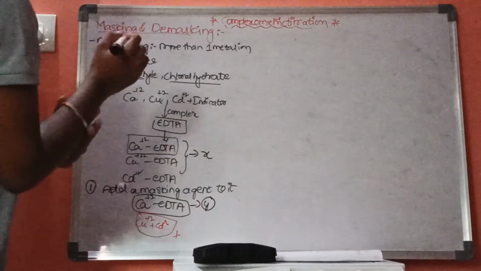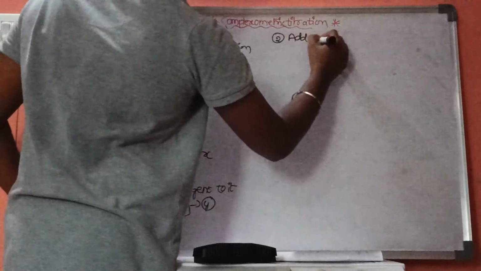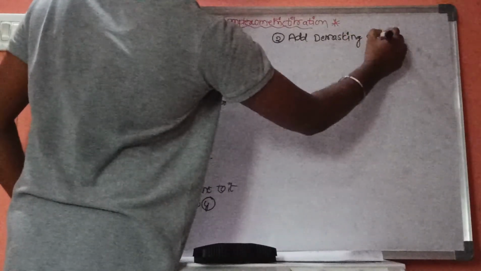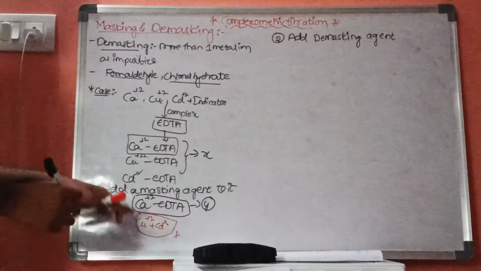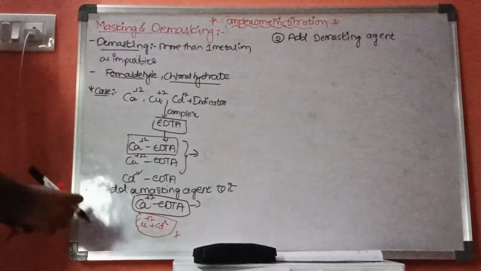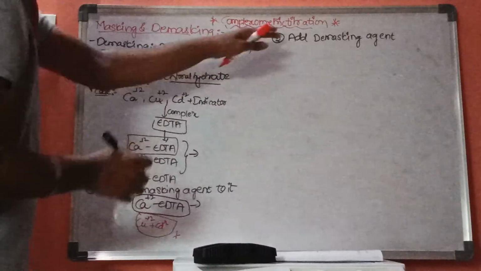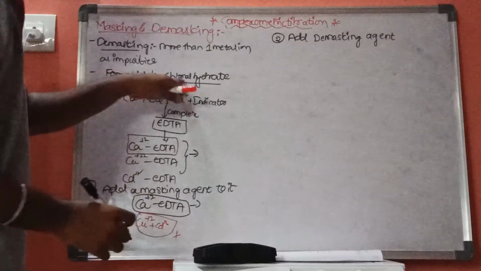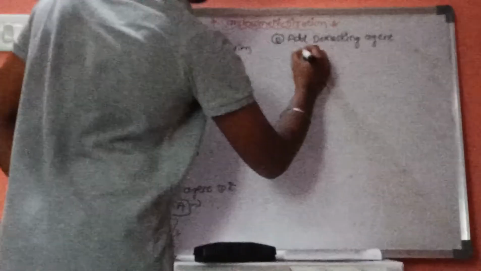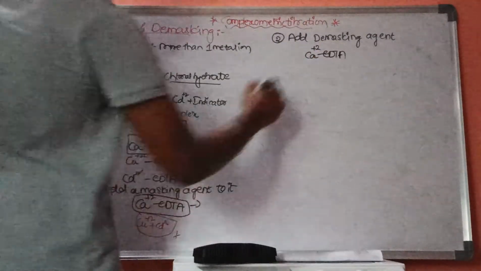In the second step, add a demasking agent, that is formaldehyde and chloral hydrate. It results in the formation of calcium EDTA and copper EDTA.